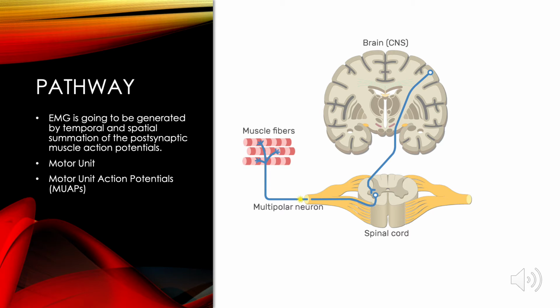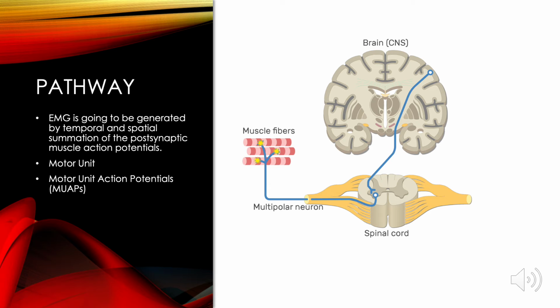We know that the lower motor neuron connects upper motor neurons with muscle fibers. Now, the idea behind recording electromyography is that we find out what's going on in between the level of where the work is being performed and the muscles are being activated, right? So the pathway is going to consist of the motor unit, which is one motor axon, and all the muscle fibers that are attached.